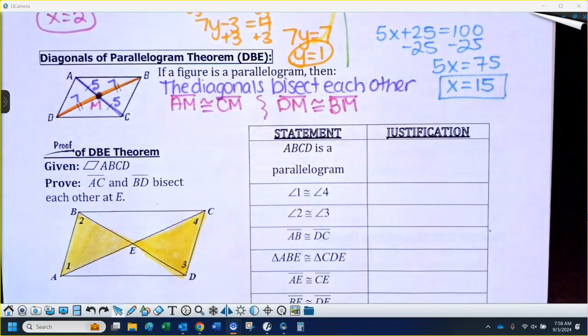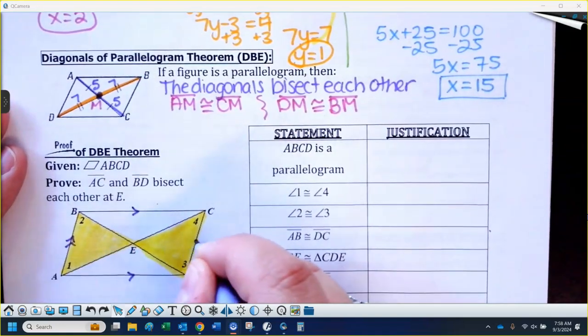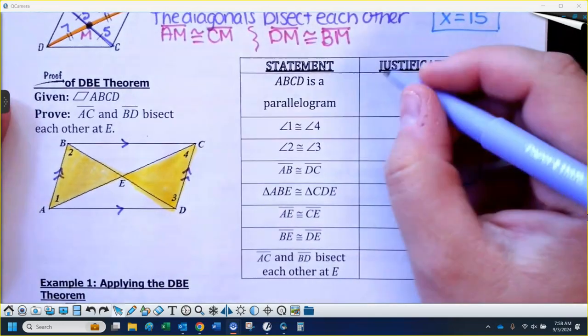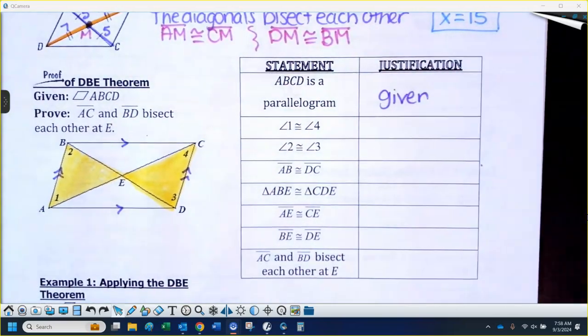This is supposed to be a parallelogram. This is given: ABCD is a parallelogram, so overall the figure is a parallelogram. That means, by definition, both pairs of opposite sides are parallel. That's the definition of a parallelogram. So in my justification, I'm just restating that, so I'm going to say that's given.